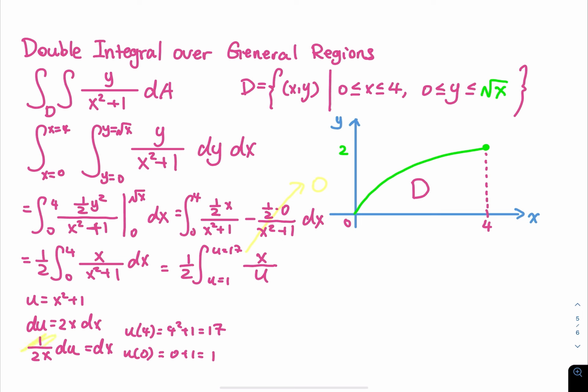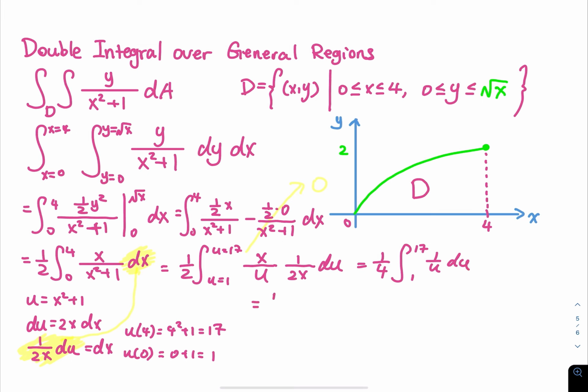So that dx goes here. You have 1 over 2x and then a du. The 1/2 you can pull out, the x is cancelled, so you have 1 over 4, and then integral from 1 to 17 of 1 over u du, which is an ln, right?